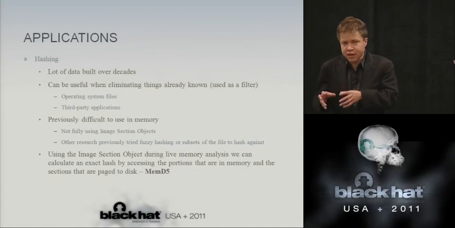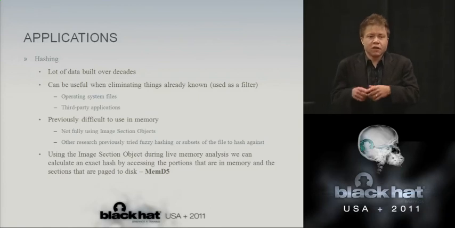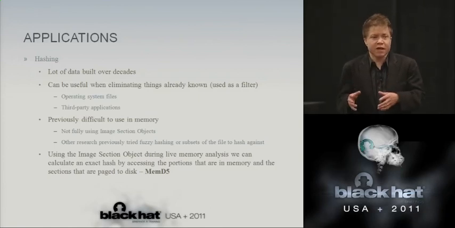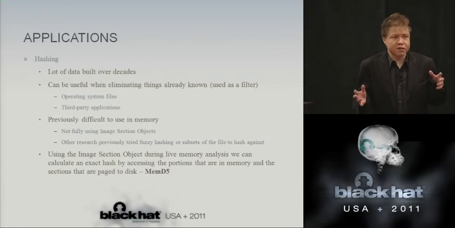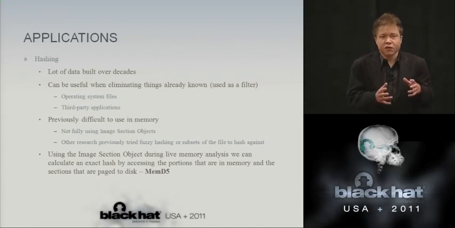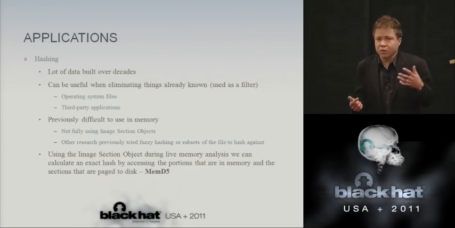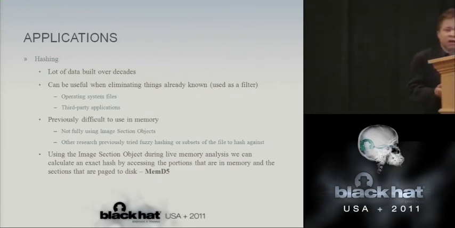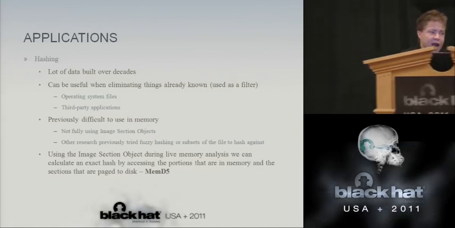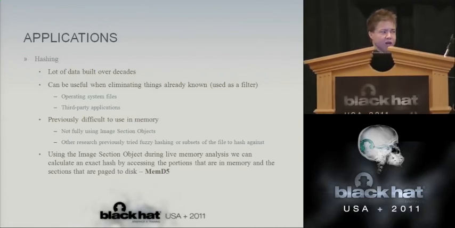If we can use NTDLL on the file system to read those 1, 2, 3, whatever number of pages that have been paged out, we can reconstitute the whole file using memory and some of disk. And by doing that, we can hash it all. And therefore, our hash in memory will match our hash on disk.